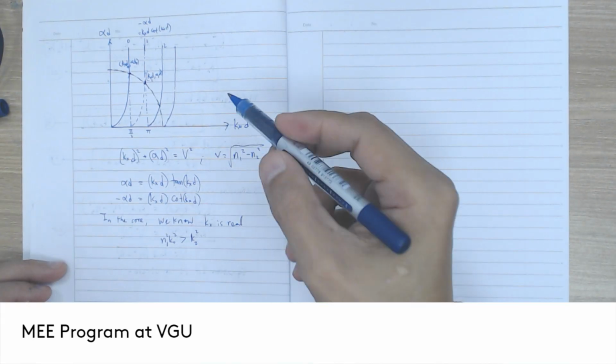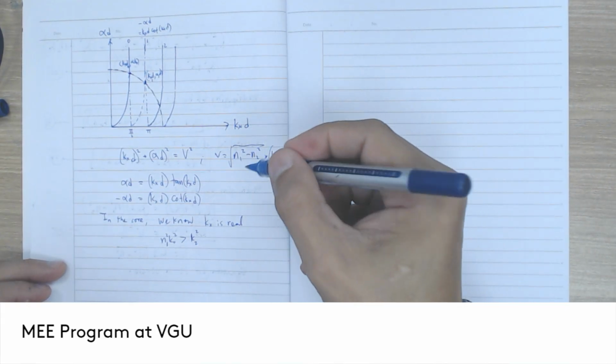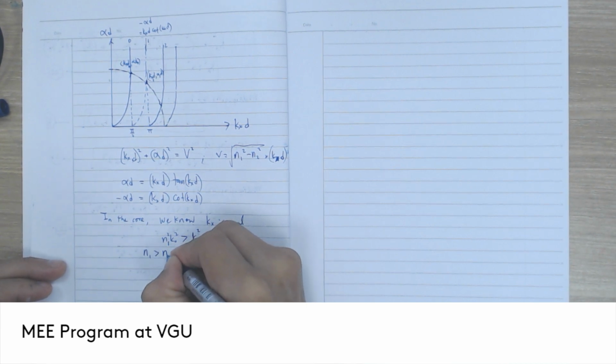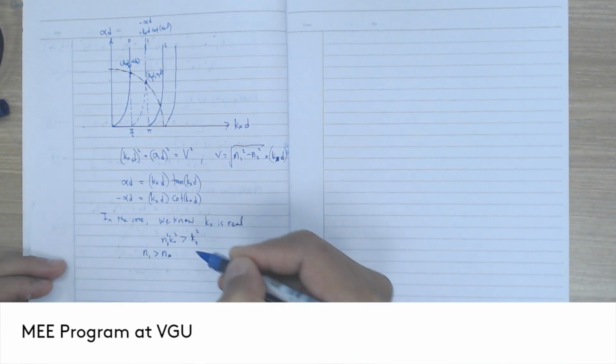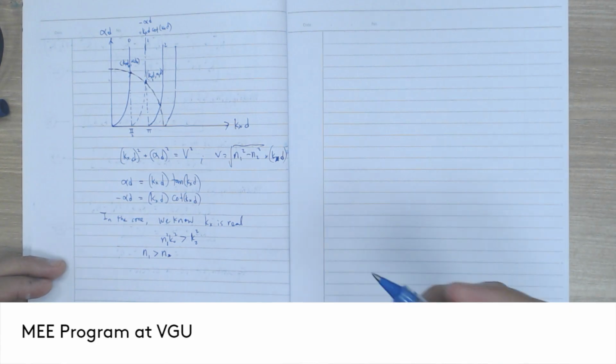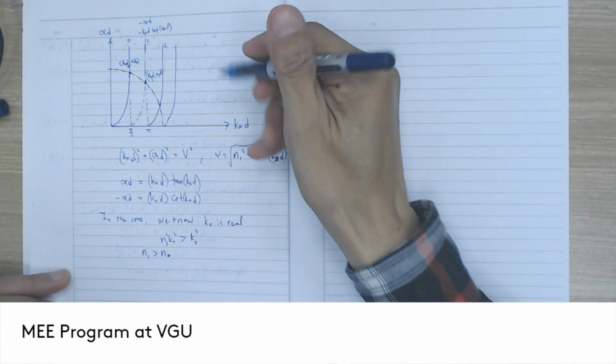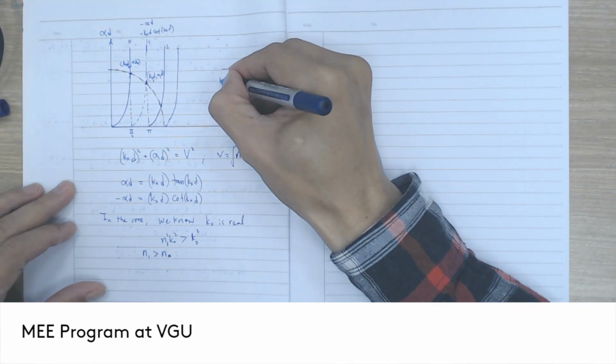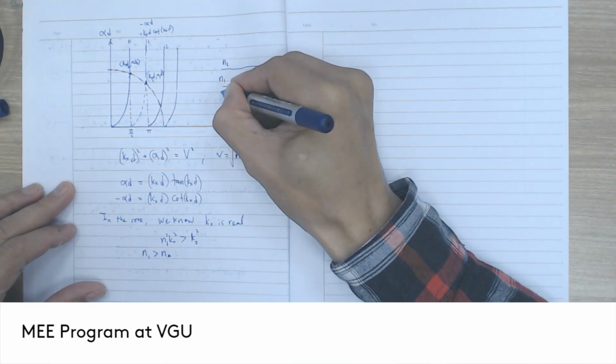And in order for the total internal reflection to be successful, we have to ensure n1 is greater than n2. This is the case for all dielectric waveguides. Otherwise, there will be no total internal reflection.